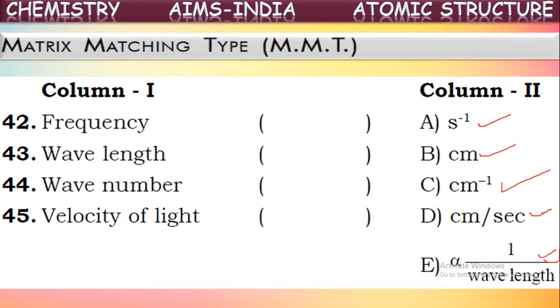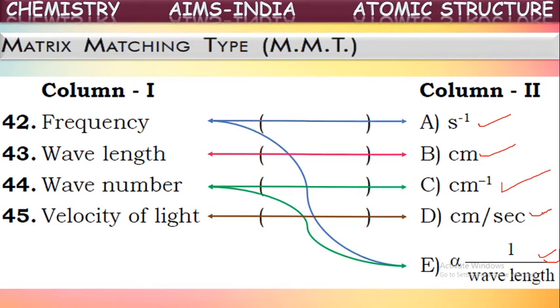So the correct matching is: frequency, second inverse and inversely proportional to wavelength; wavelength, centimeters; wave number, centimeter inverse and reciprocal of wavelength; velocity of light, centimeters per second. So this is the correct matching.